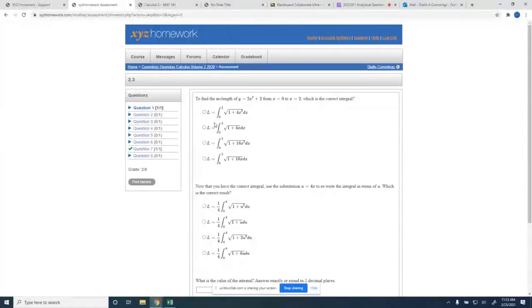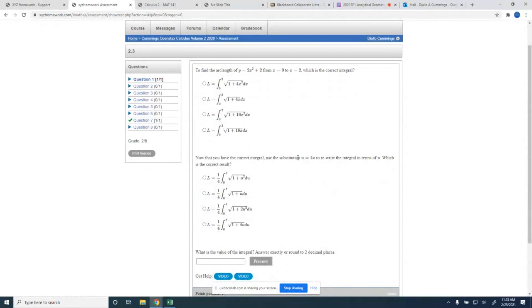We're asked to set up the integral. Then we're asked to use a u substitution to rewrite the integral. And then we're asked to integrate.